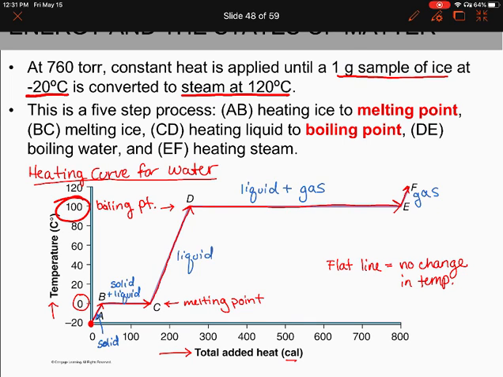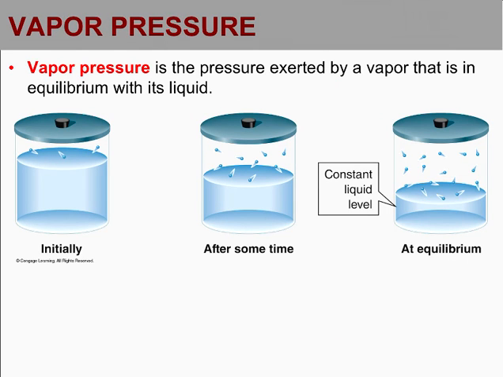Okay, so there are a couple of other things we need to talk about in terms of this heating curve. Vapor pressure is the pressure exerted by a vapor that is in equilibrium with its liquid. So for instance, let's say we have a liquid in a container that's closed, and it starts to evaporate.